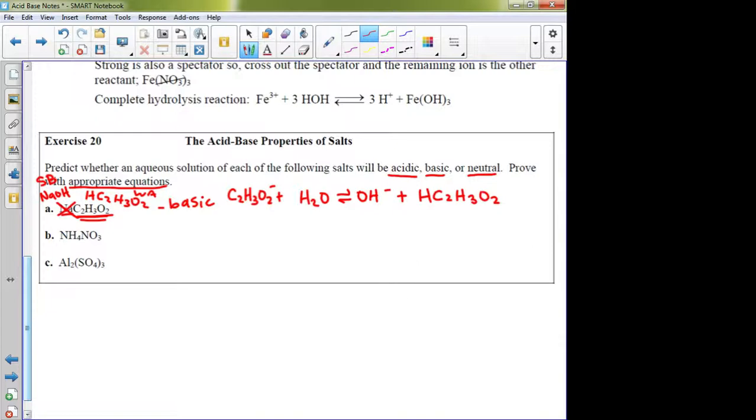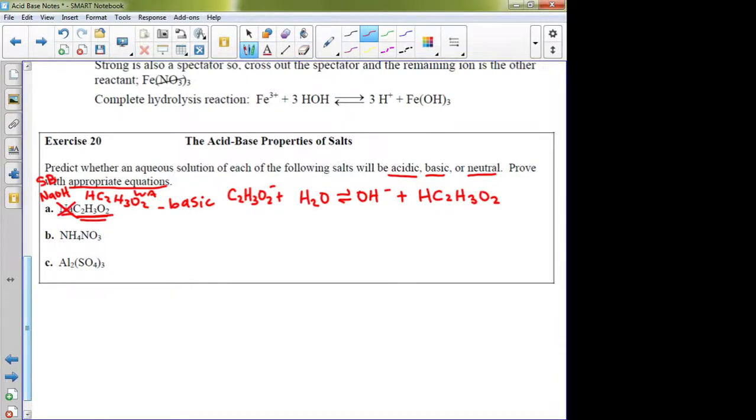Even though it's a weak acid, once it became that ion, it actually became a base. Remember, if I have HC2H3O2 and I donate that hydrogen, then my acid becomes the conjugate what? Base. Remember when we did conjugate acids and conjugate bases? So that ion is actually a base.